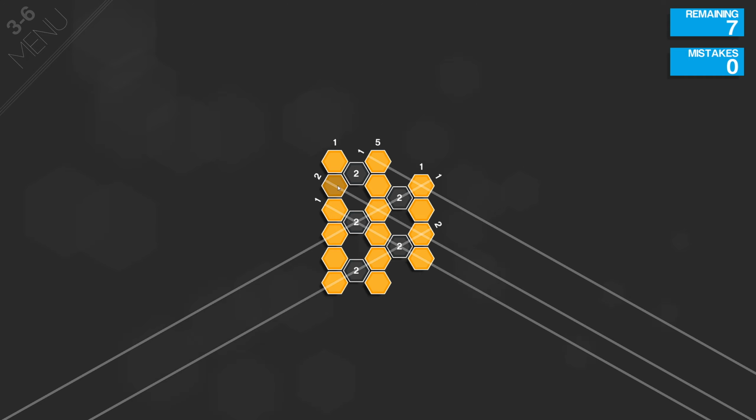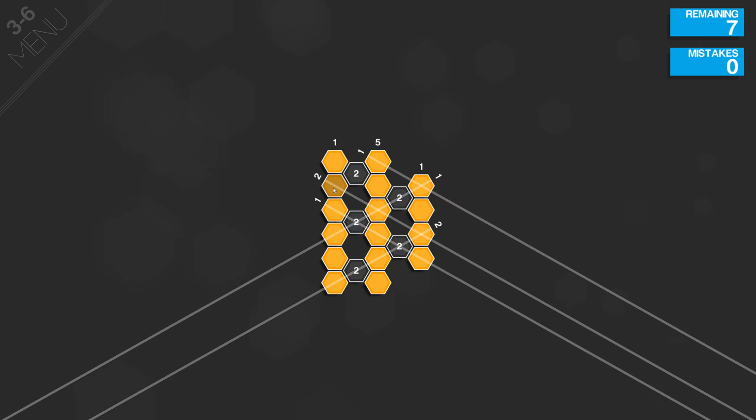If it were the top and the bottom, then this would be our null. This is 1 and 2, and this is null. Okay, this is good. This is good.